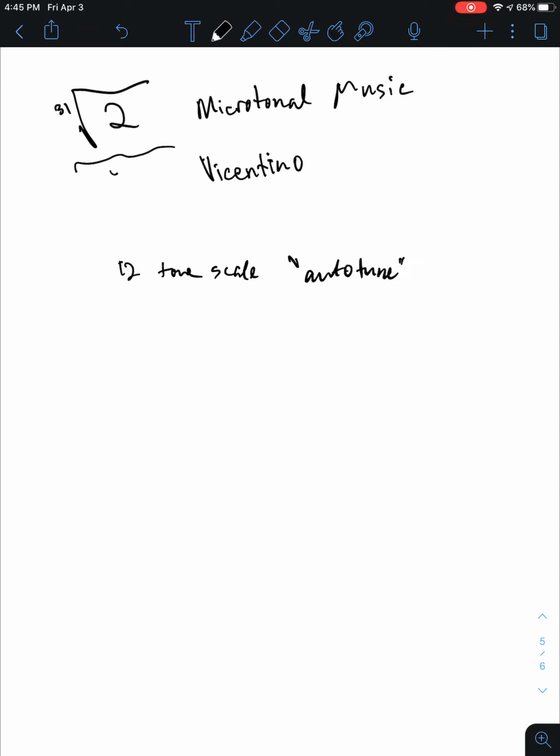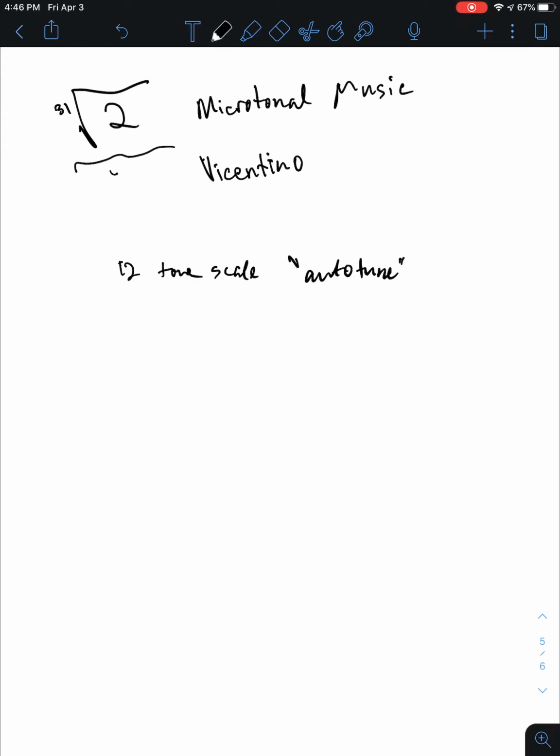Auto-tune is a process that will change the note at which a singer sings using software. And some pop singers actually use this. I've heard a song by Cher, for example, and Taylor Swift is rumored to also use auto-tune.